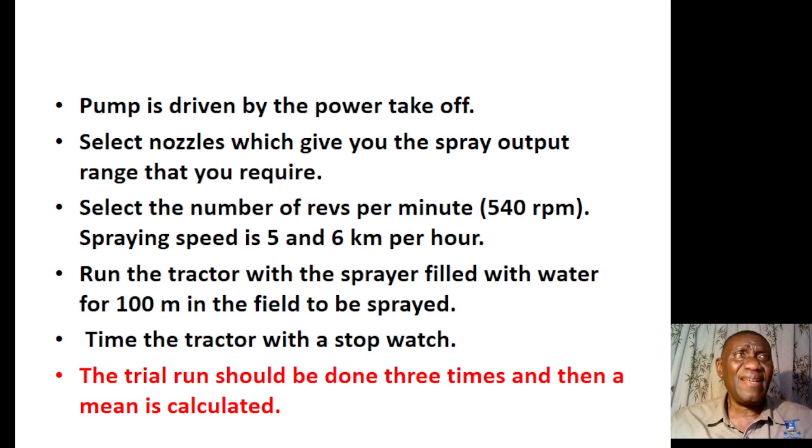Then the tractor with the sprayer filled with water should move for 100 meters in the field to be sprayed. So we should use a stopwatch. We know there could be a speedometer there.